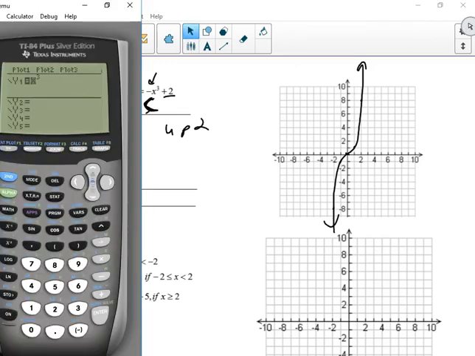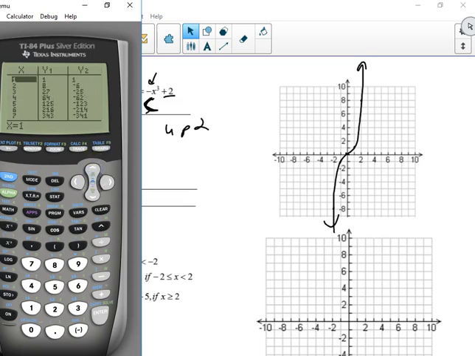So I go to y equals, come down here, and do negative x cubed, come down, plus 2. See how it's a little higher? And now use my table to get those points.